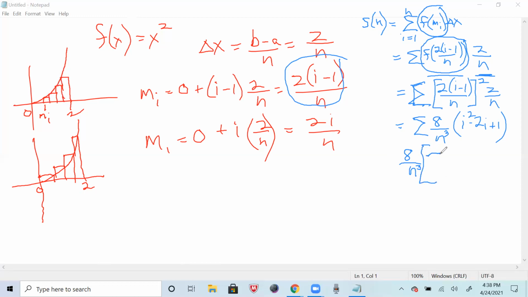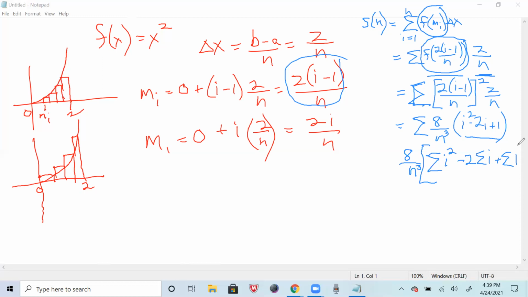In other words, I have the sigma of i squared, minus, I can take the 2 out, the sigma of i, plus the sigma of 1. I took these 3 things that were being added or subtracted, and I turned them into 3 separate sigmas.